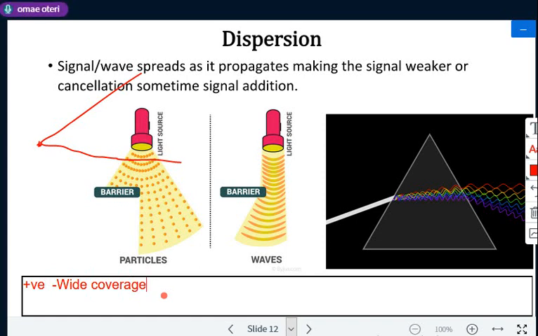As one of them. So negative, you're looking at weaker signals. As of course the signals propagate, they will get weaker.